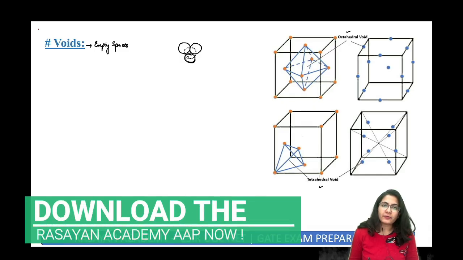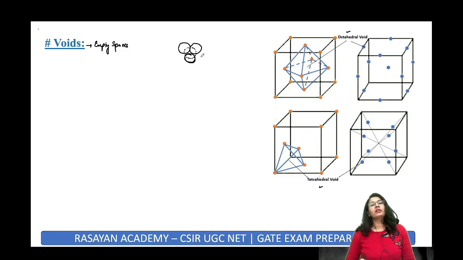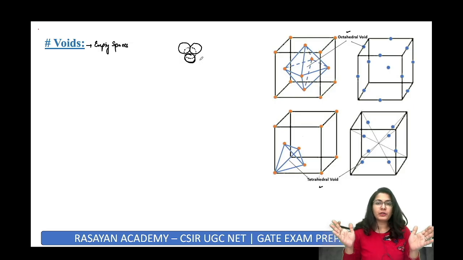This is my top layer, for example. Then what happens? If you can see through that atom, you will see that still there is a void, even though you are trying to do the most efficient arrangement. That's why you are keeping another atom on the depression of that particular void, but there will still be some space which is not occupied by the atoms. That empty space can be classified into two types based on the shape which is created.